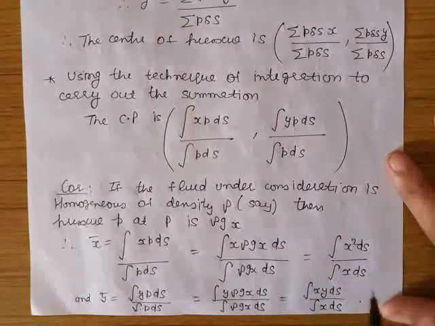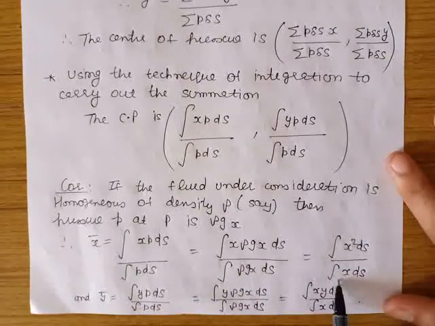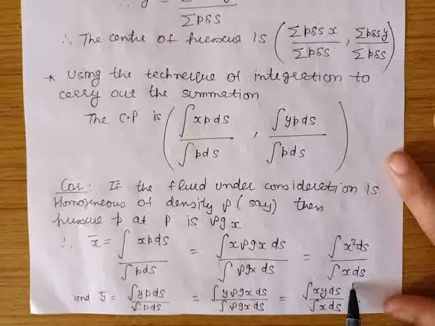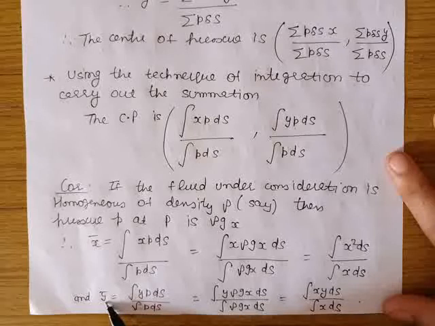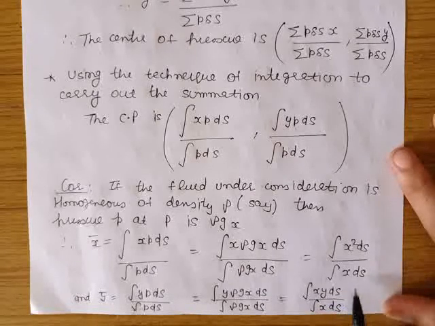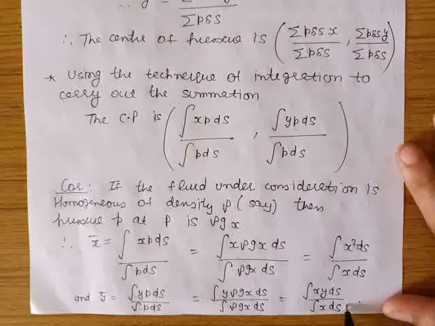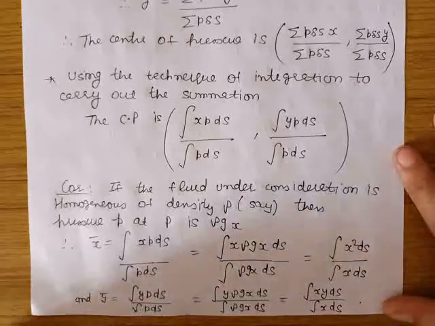So we get x bar is equal to integral of x square upon integral of x. And similarly, putting the value of p in y bar, we get y bar given by integral x y dS upon integral x dS. So these are the coordinates of center of pressure when the fluid under consideration is a homogeneous fluid of density rho.